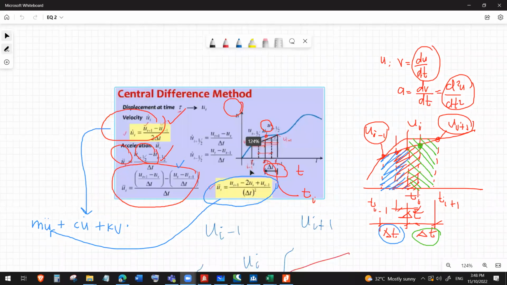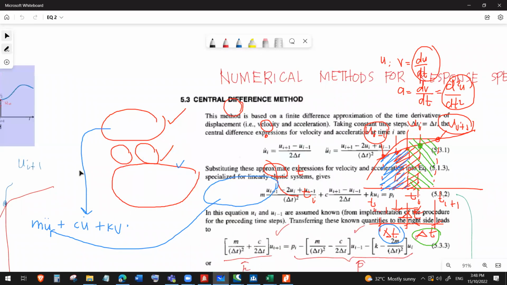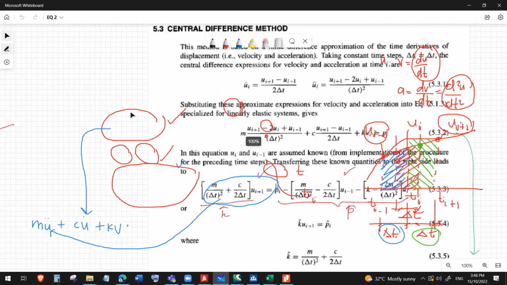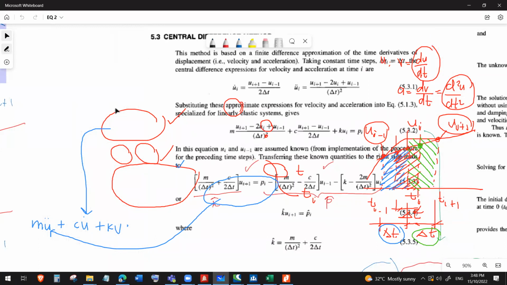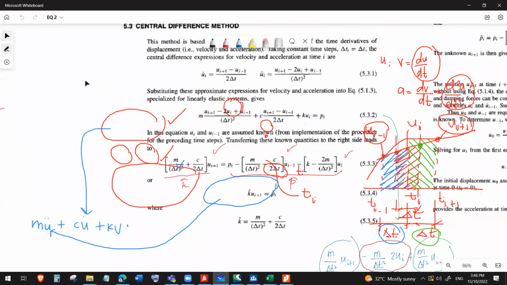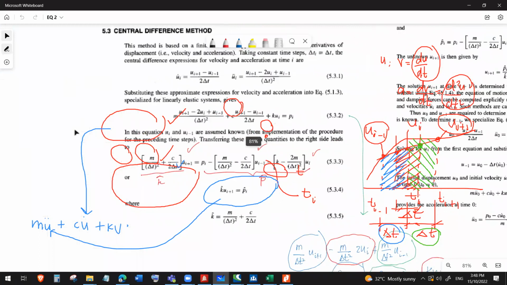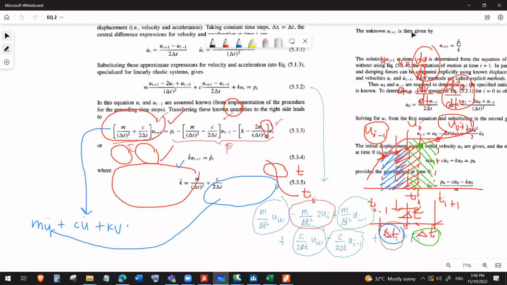Okay, so let's now proceed dito sa, yan. So this is a snippet from Chopra, no? Chapter 5 na. Okay.